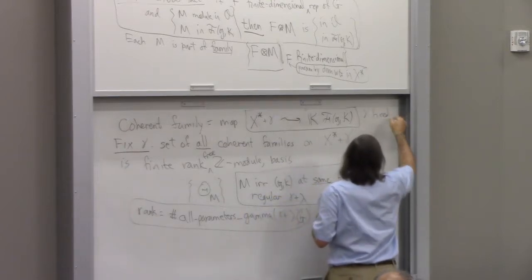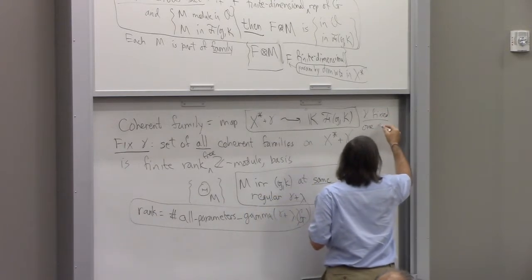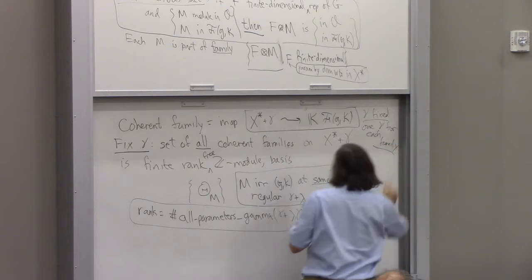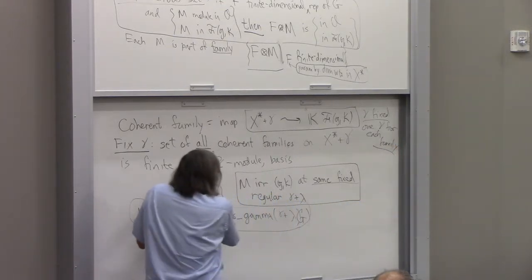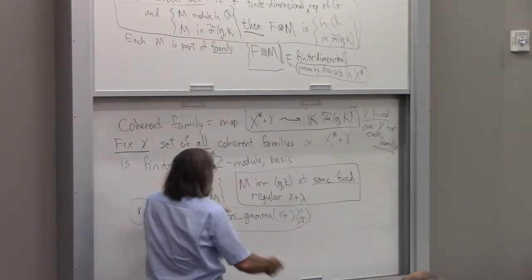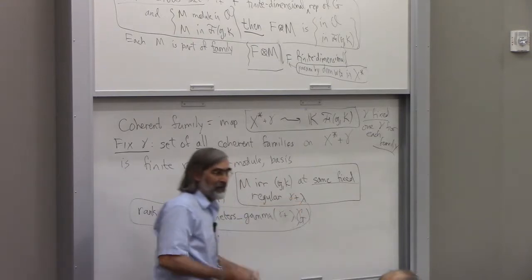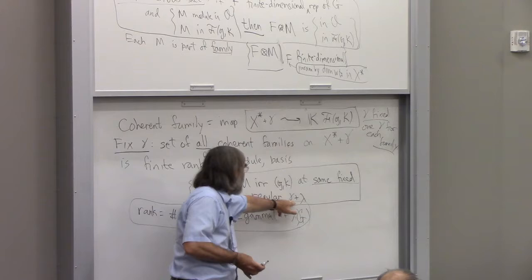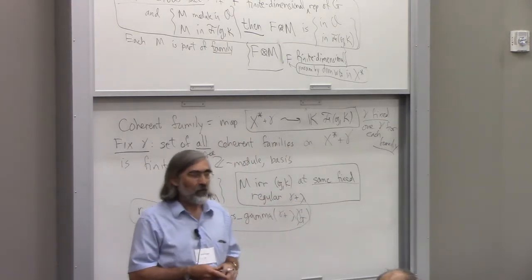There's one gamma for each family. So here I'm looking at the set of all coherent families defined on one particular translate of the weight lattice.